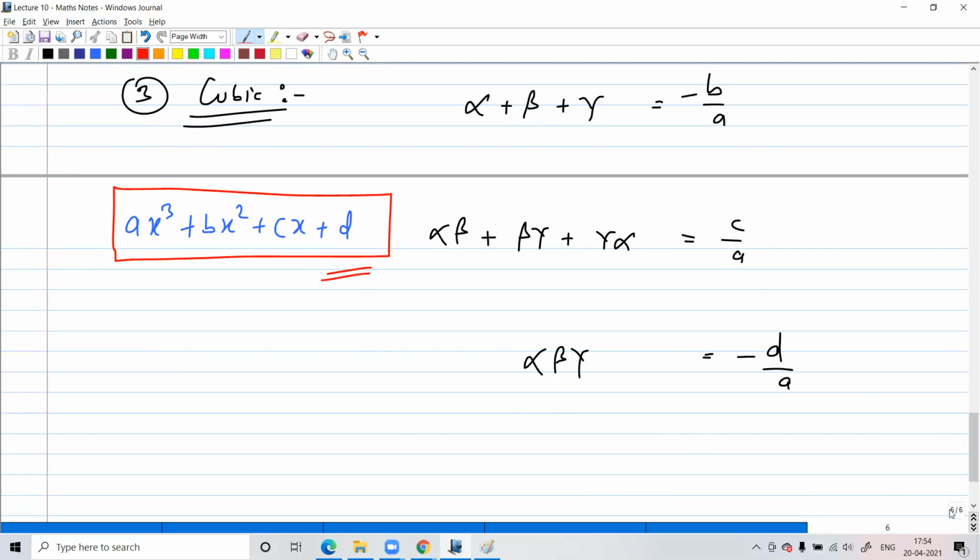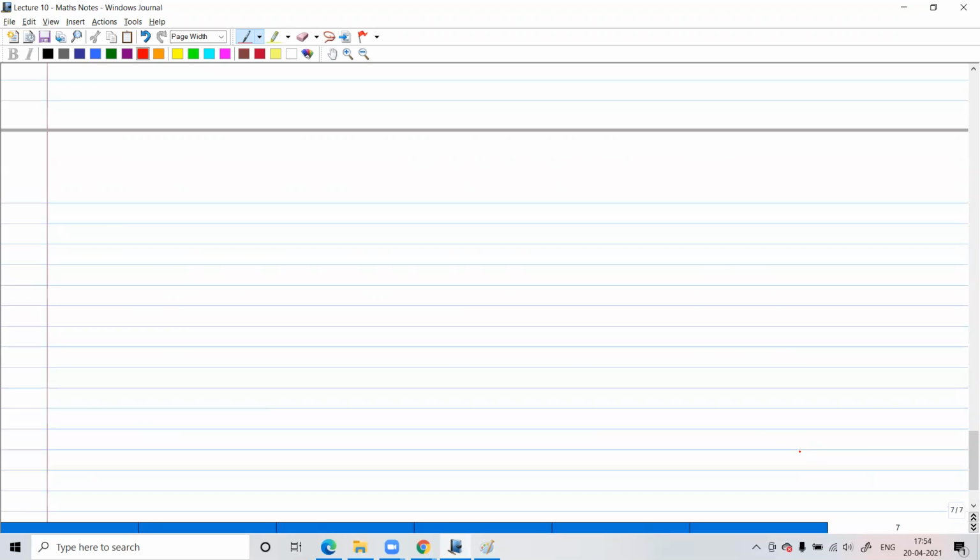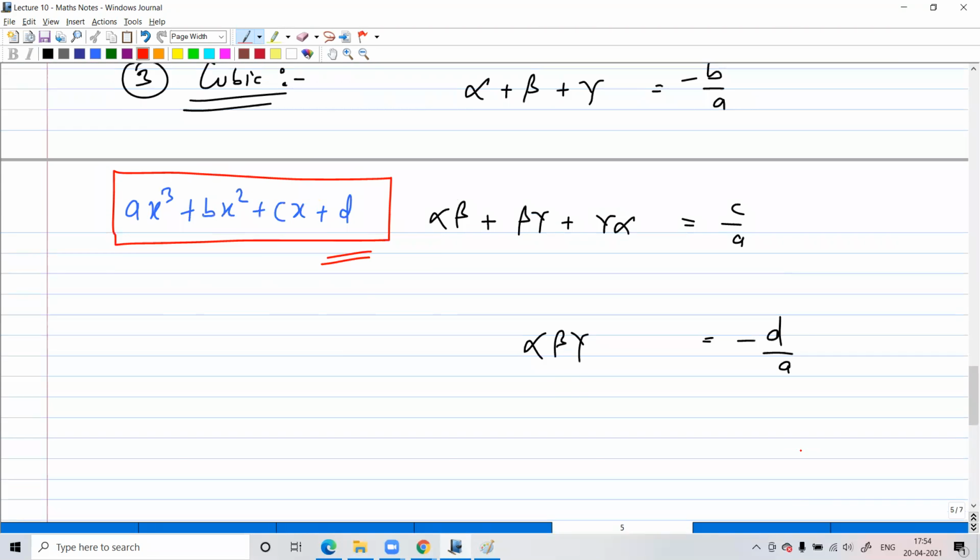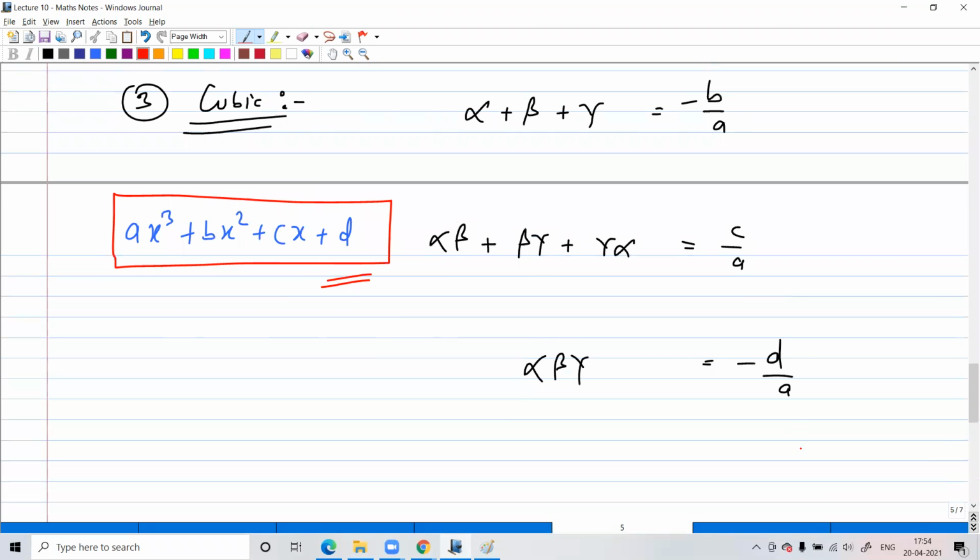See, if you are intimidated by this, don't worry. Let me give you an example of an even bigger one. Let's take a quartic polynomial and see what happens there. And remember, this is not part of your 10th syllabus. You don't need to worry about this.